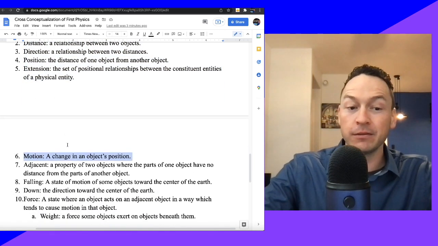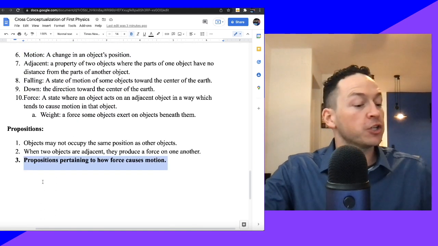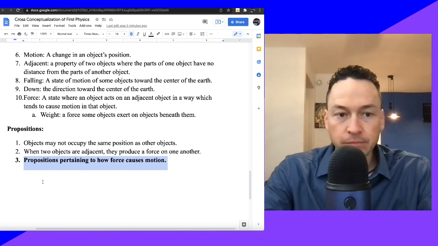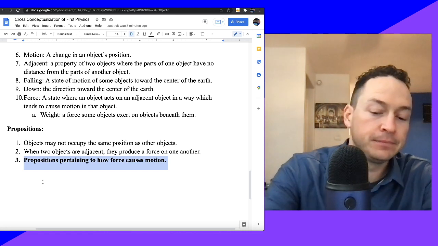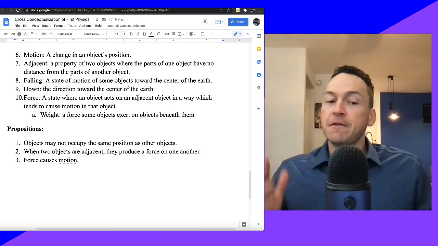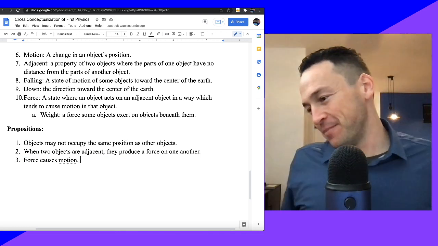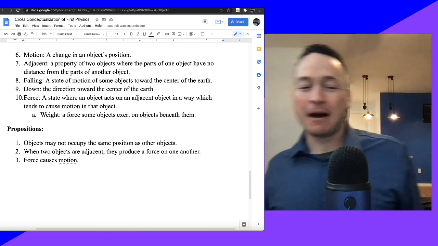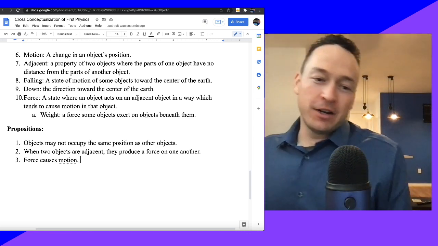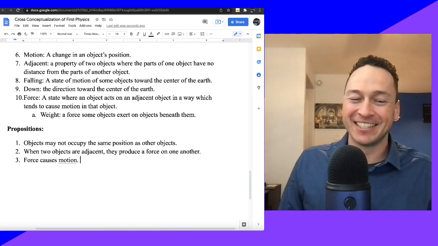What's the cause of motion? Let's get right to it. Propositions pertaining to how force causes motion. Okay. Let's think about this. So, right off the bat, we're going to write a proposition that's going to make anyone who knows anything about physics turn a little red, which is to make the generalization: force causes motion.